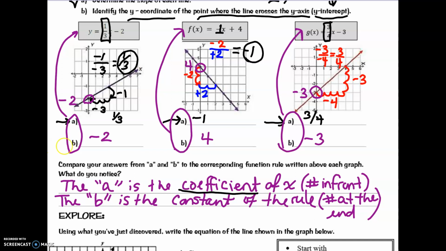The number that signifies b here in the equation ends up being your constant, or your number that's at the end of your equation by itself. So if you look, the b is your constant of your equation or of your rule. This actually will happen every single time we're looking for an equation of a line.